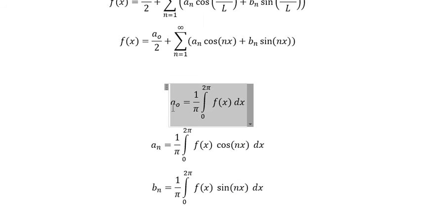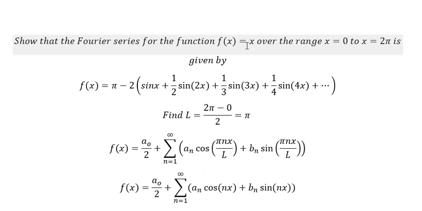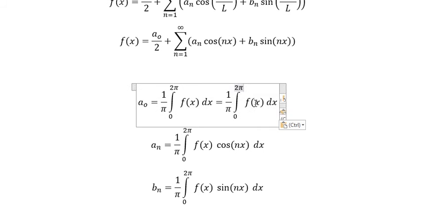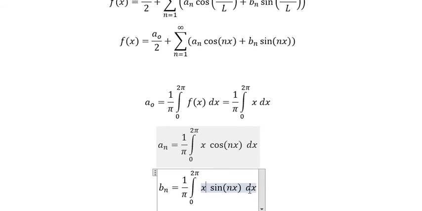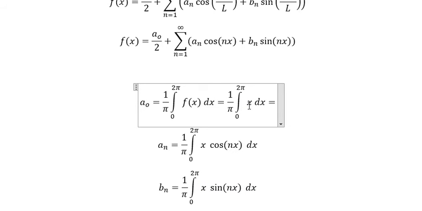Now I will go to this one. We see that we have f of s. F of s, we just have s. So I will put s in here. Similar for this one. The integration of s, we have s squared over 2.